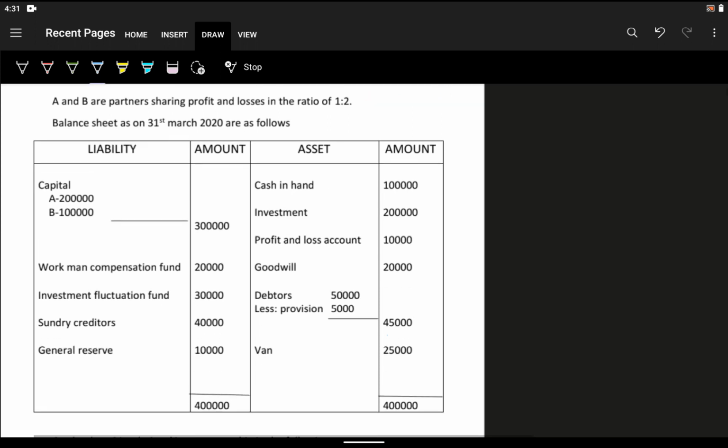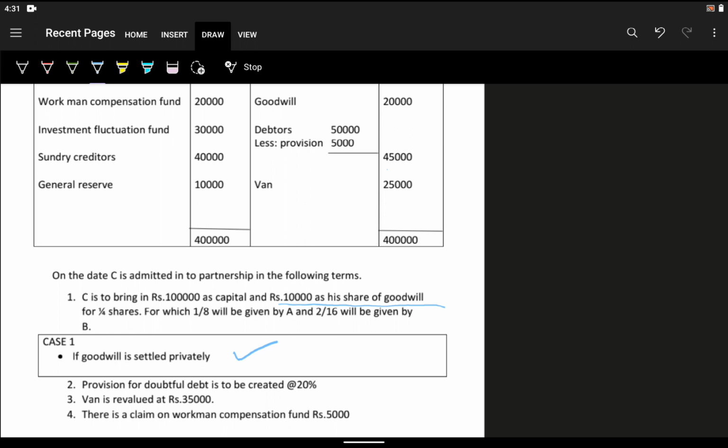What is the reason? Here it is clearly given, 1 by 8 will be given by A and 2 by 16 will be given by B. That means C is coming for a 1 by 4 share, and this 1 by 4 share will be given by A, 1 by 8, and 2 by 16 will be given by B. Here it is directly given.